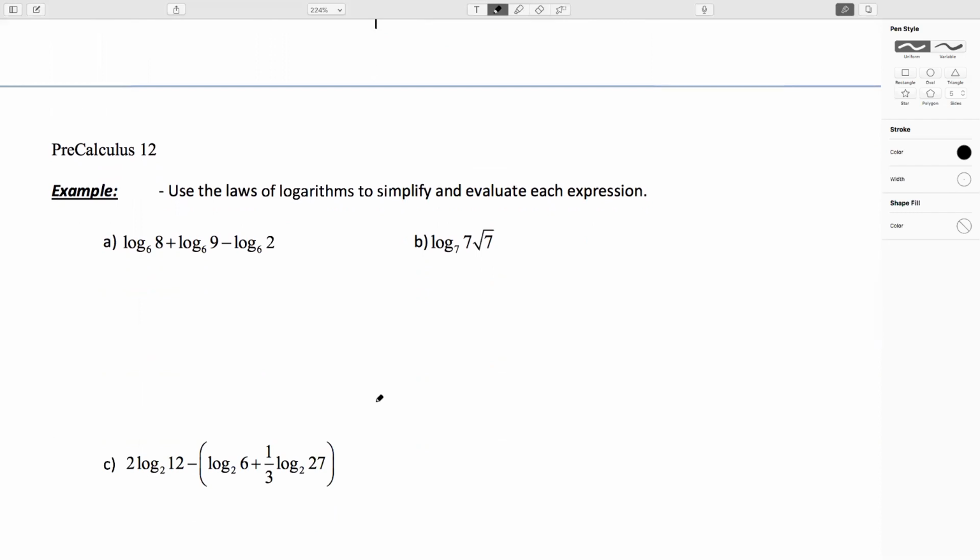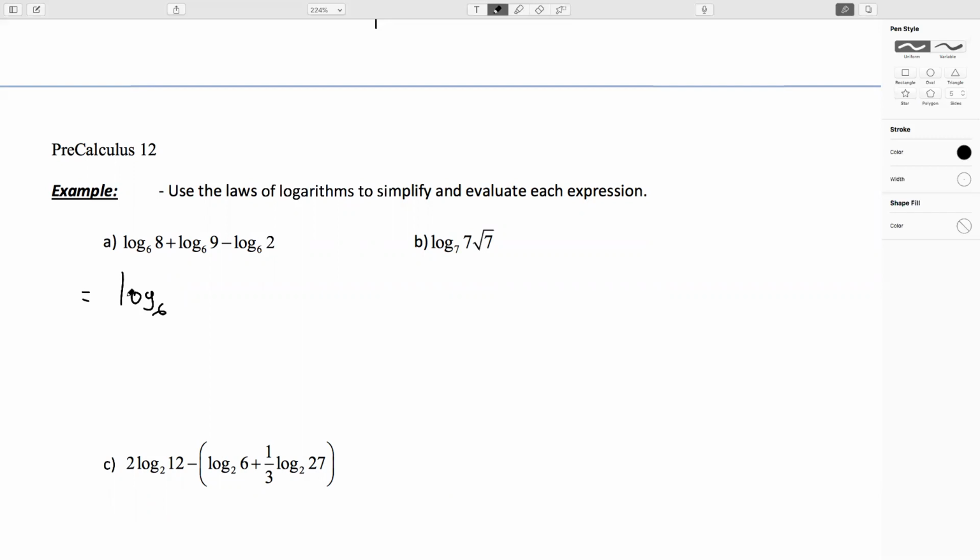Use the log laws to simplify and evaluate each expression. So we've got log base 6 of 8 plus log base 6 of 9 minus log base 6 of 2. They all have to be the same base for this to work. And that's really important here. If this was log base 5, you can't do this. But they are all log base 6. So I'm going to write log base 6. That's my log that I'm joining them all into.